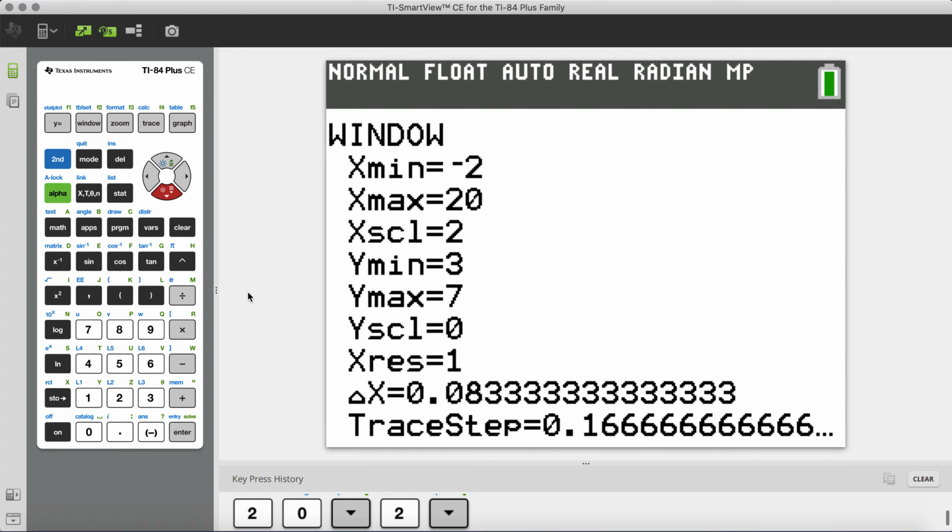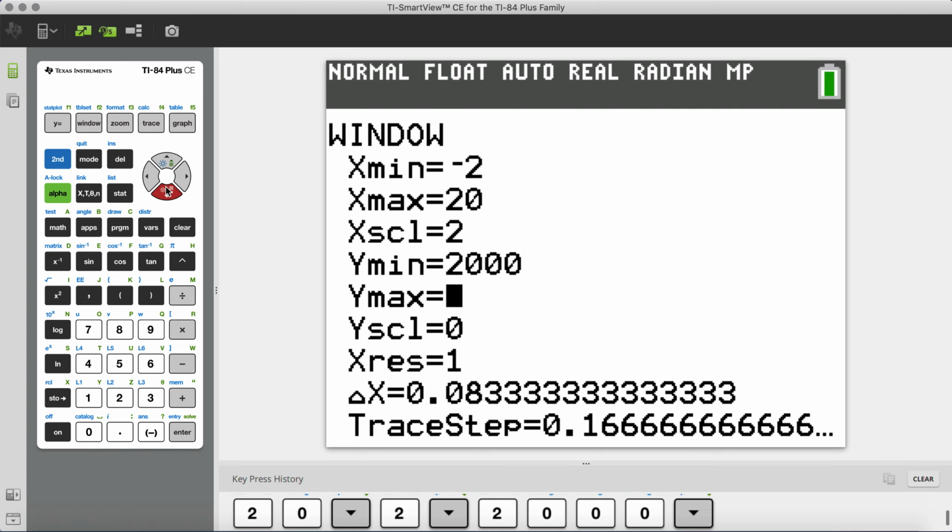Y min, so if I'm looking at this, 2,271 is the lowest Y value. That's literally the lowest one. So I'm going to start at something pretty high. Let's just start at 2,000 even for our Y min.